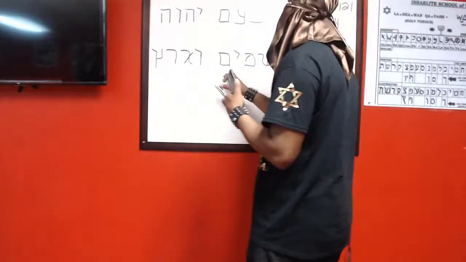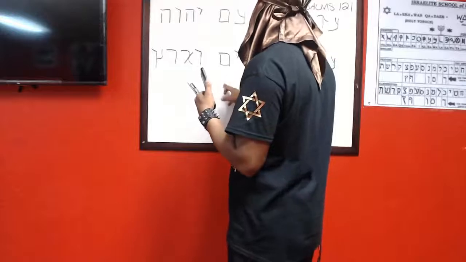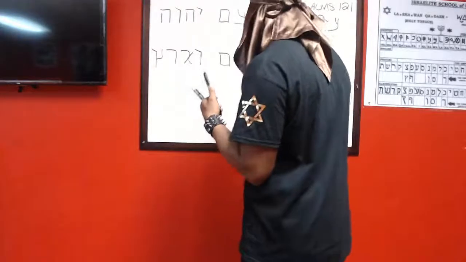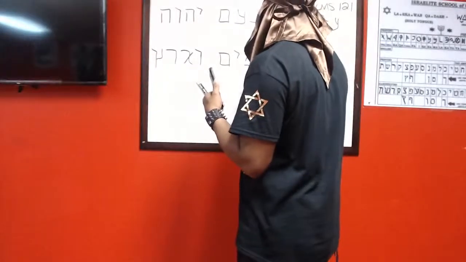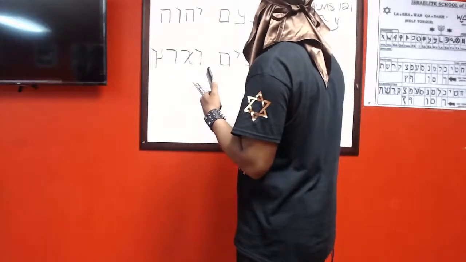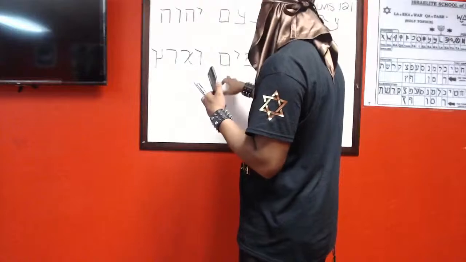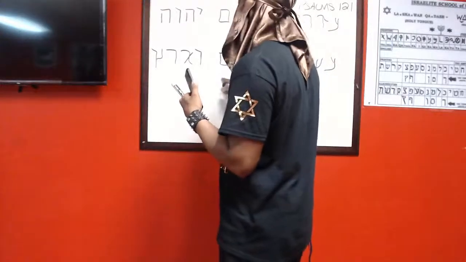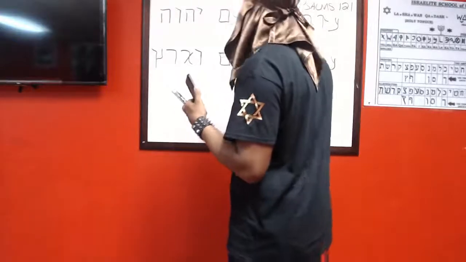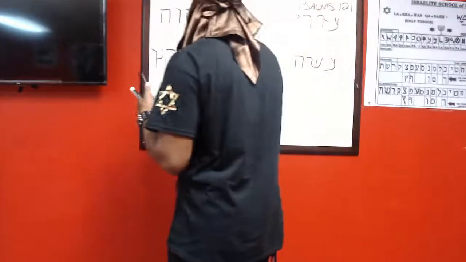Shamayam, because remember, the M is at the end. So Triple Yahweh, you said that word correctly. You would not have said Shamayama. Instead you said Shamayam, just showing phonetically that word is ending with the M.